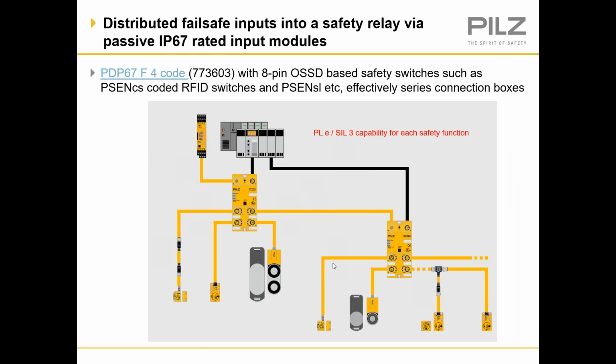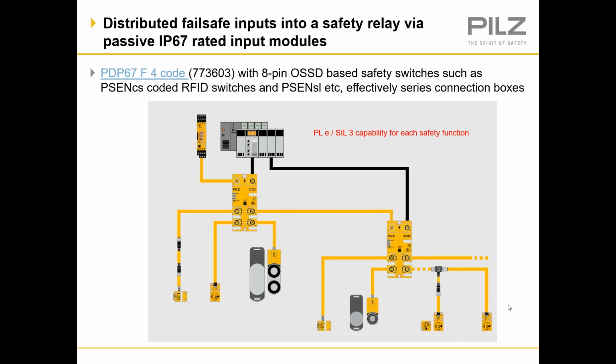You can also distribute fail-safe inputs into a safety relay via passive IP67 rated input modules. So the Pilz PDP67 units operate with 8-pin OSSD based safety switches, such as our PCN code RFID switch and the PCN S-lock, and they're effectively series connection boxes.